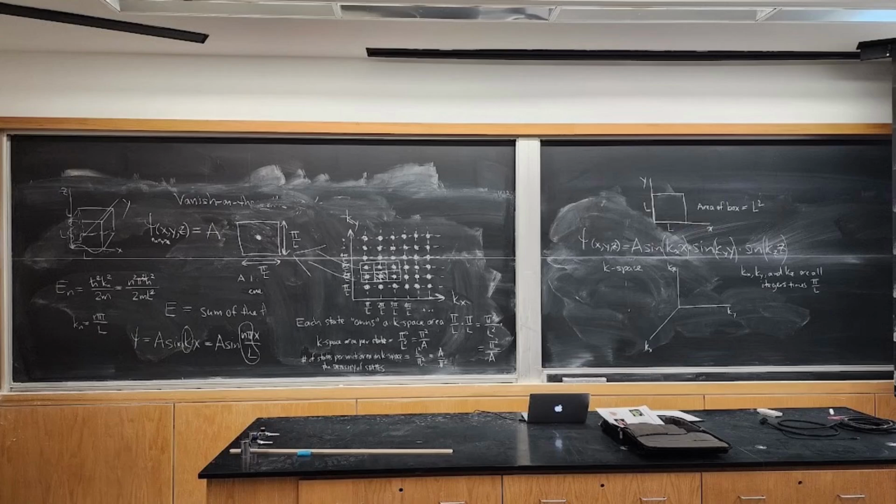Maybe I didn't have to draw all those points, but I started getting just like, well, I'm here, right? So pi over L, 2 pi over L, 3 pi over L, 4 pi over L. And by the way, you could also make it a rectangular box, and then you'd have LX, LY, and LZ.